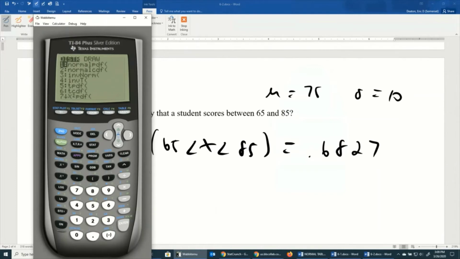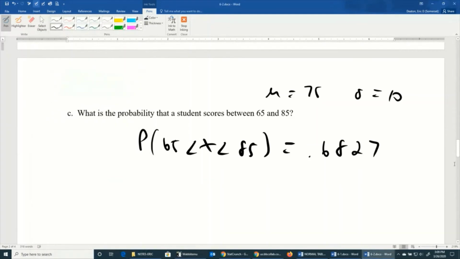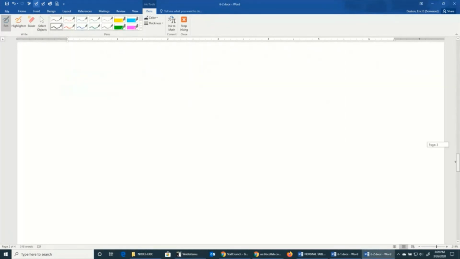Normal CDF, we're doing probability here. 65, 85, 75, 10. And by the way, if you haven't figured it out, I'm more comfortable doing it by hand. 0.6827, believe that. It is true. Technology is really wonderful when it comes to statistics.